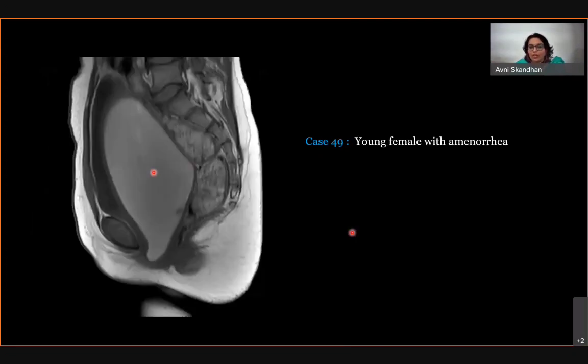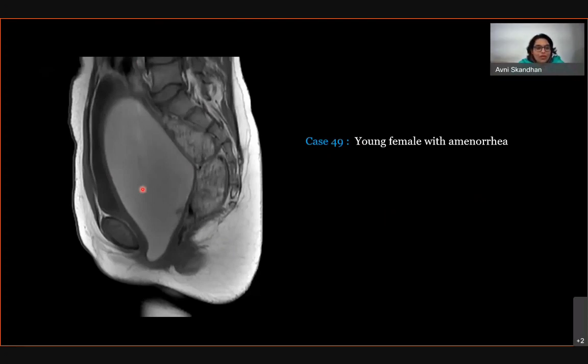signal. Now, this is a patient who is a young female with amenorrhea. What are you thinking of? Very good. I got hematometra, I got hematocolpos, I got imperforate hymen. You cannot say hematosalpinx in this particular one because this is a sagittal image.